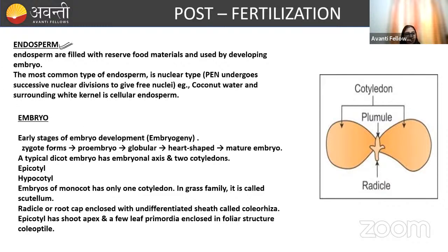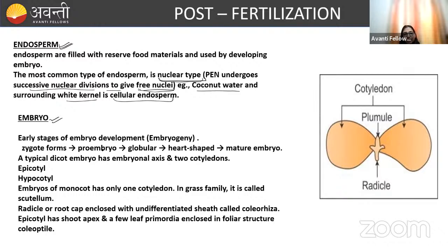So the most common type of endosperm is the nuclear type, where the primary endosperm nucleus undergoes successive nuclear divisions to give free nuclei. We call this condition syncytium, a multinucleate condition. Example is coconut water, and the white kernel is known as the cellular endosperm.